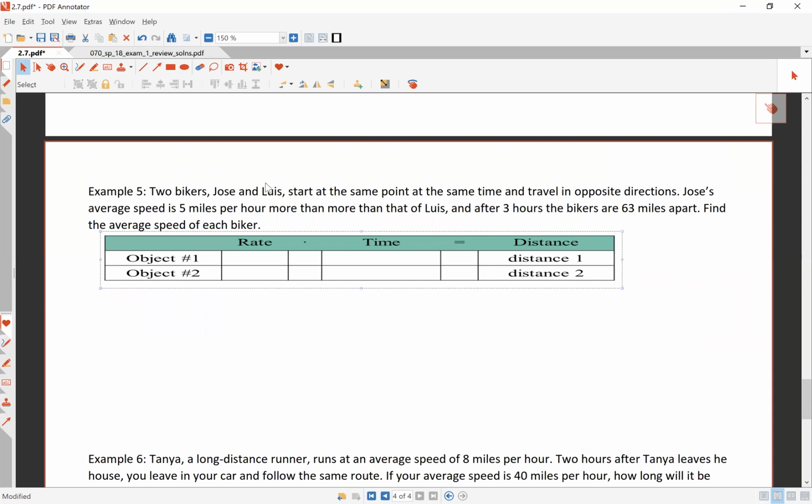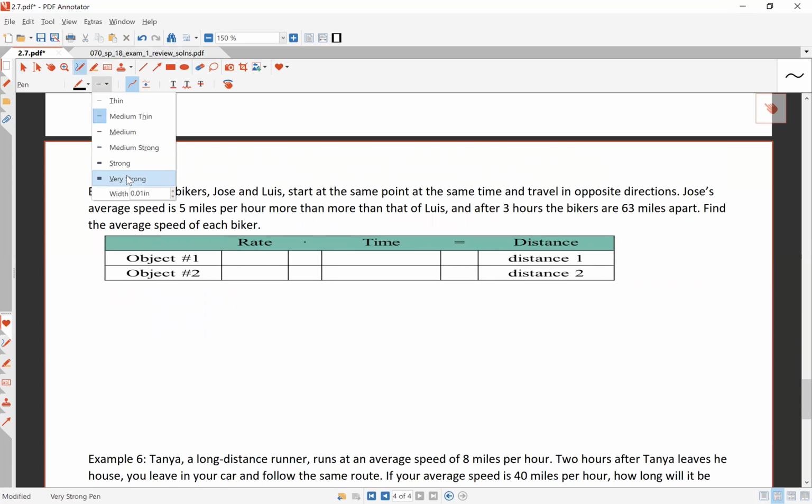So in example 5, it says two bikers, Jose and Luis. So those are our two different objects. They start at the same point at the same time and travel in opposite directions. Jose's average speed is 5 miles per hour more than that of Luis.